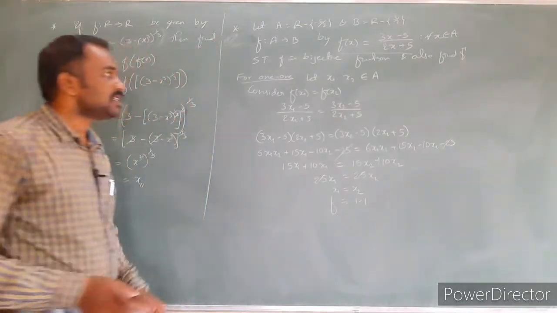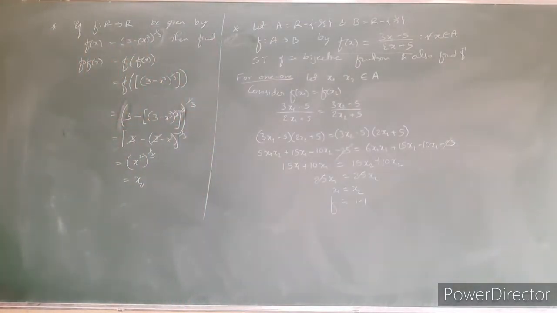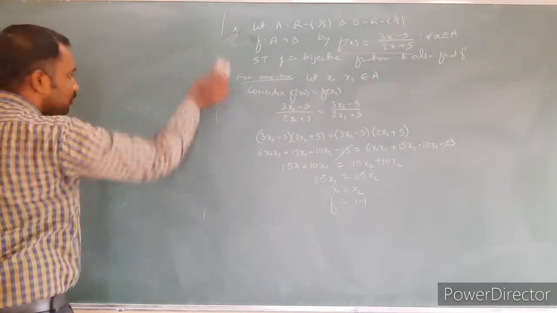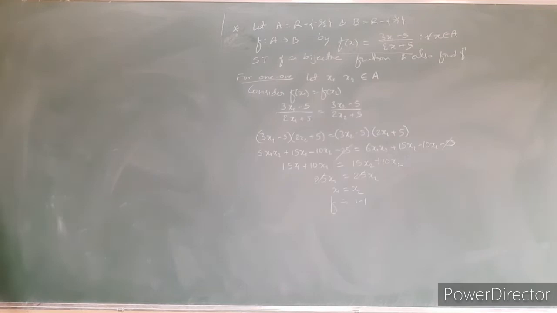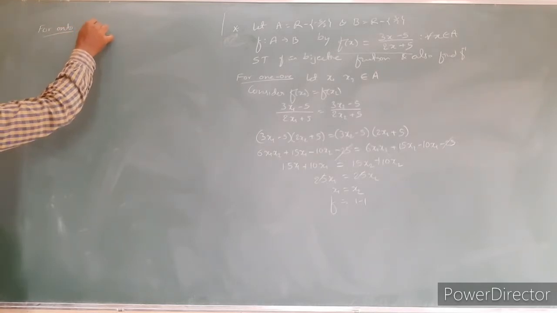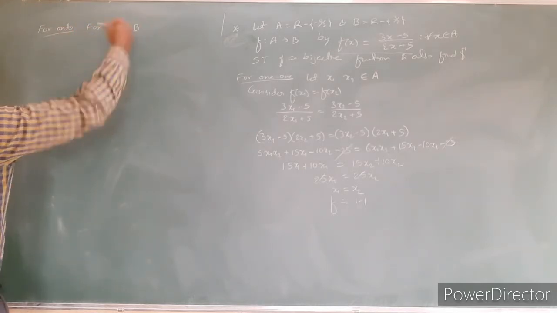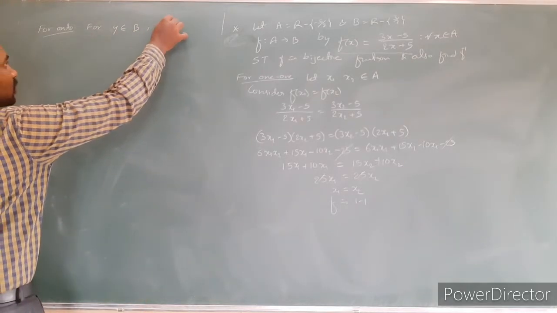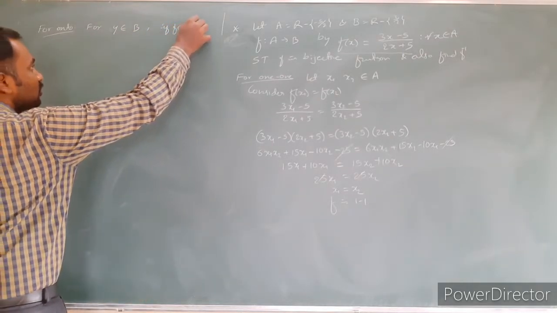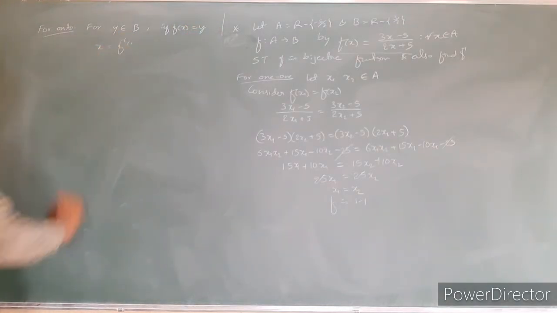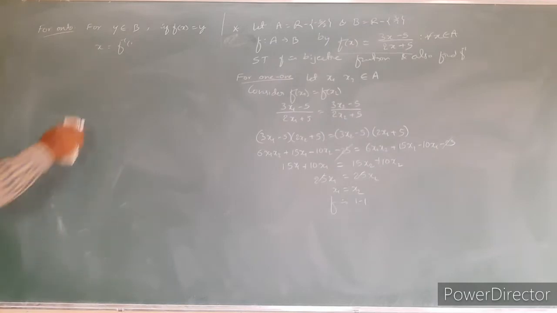Next thing is we need to prove that it is onto. Already we know the general method to prove onto. Carry on. So okay, for onto, what is the condition? For any element y present in the set B, if f of x is equal to y, then we can say that x is equal to f inverse of y.